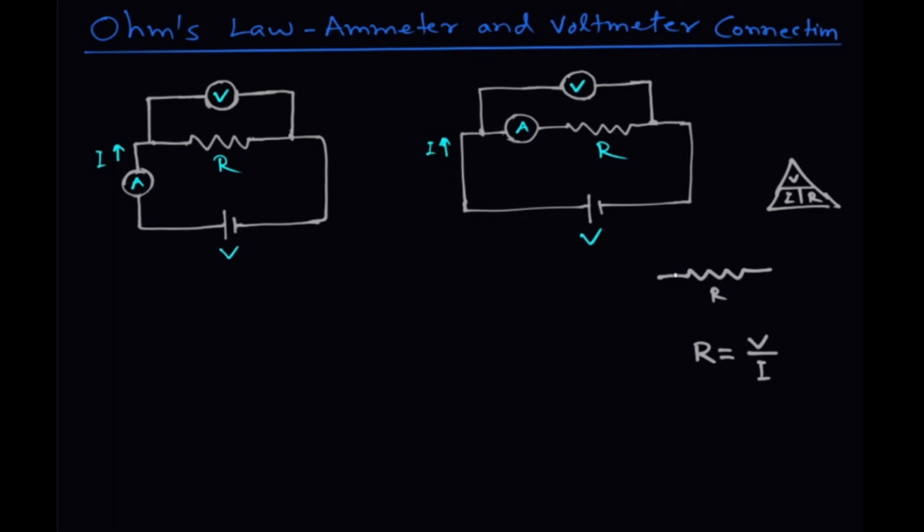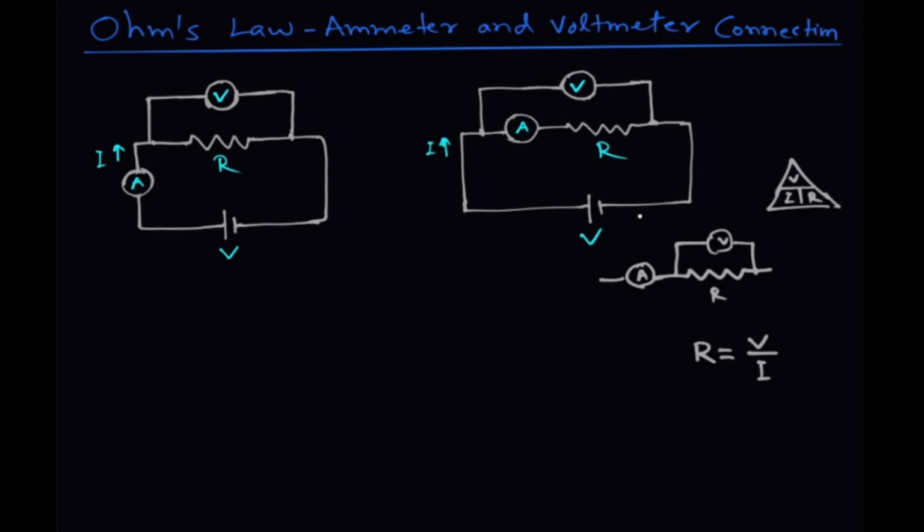Suppose this is the voltmeter that we connect across the resistance, and the ammeter is connected. It may be connected here, or it may be connected here. If it is connected here, then this is the circuit, and if it is connected here instead, then this will be the circuit.